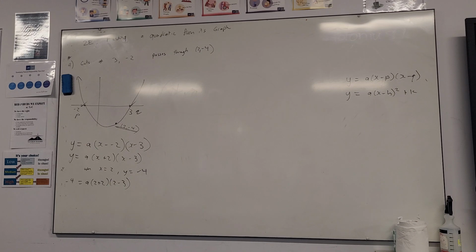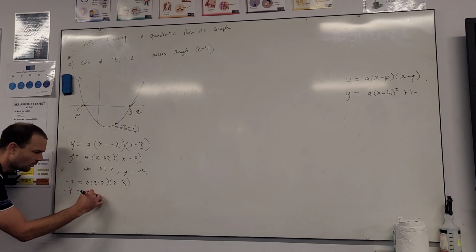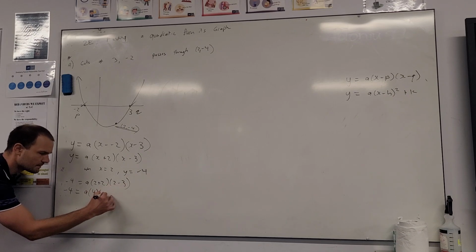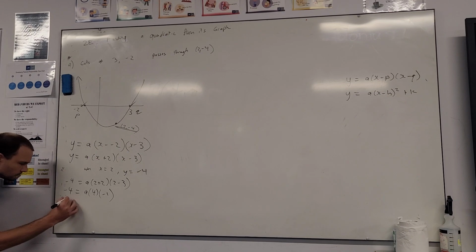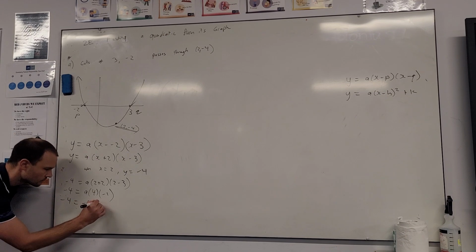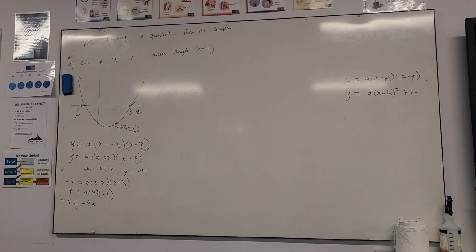And then it's just a matter of simplifying, right? 2 plus 2 is 4. 2 take 3 is minus 1. So then a times 4 times minus 1 is minus 4a. And so the only value of a that makes this true is 1. a equals 1.